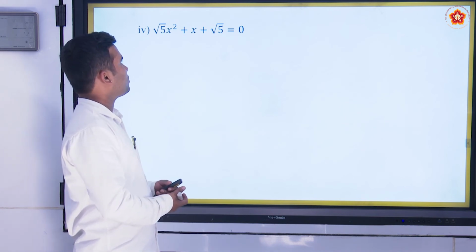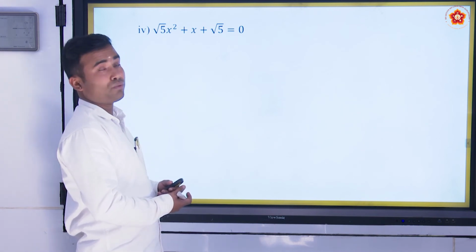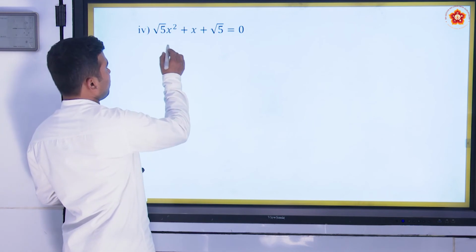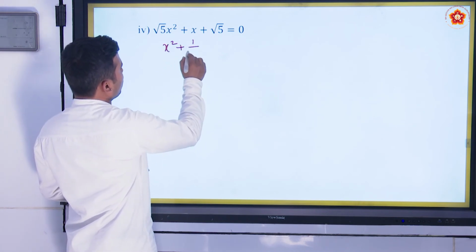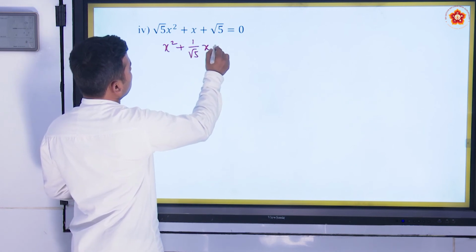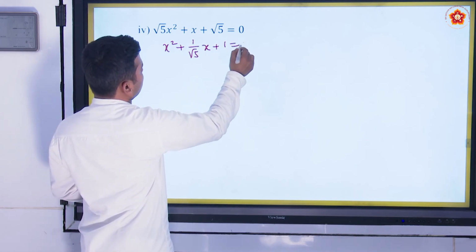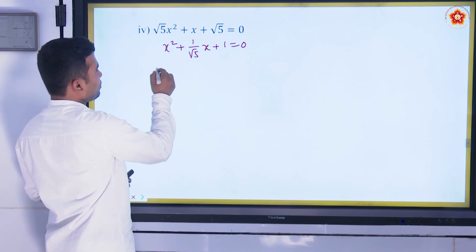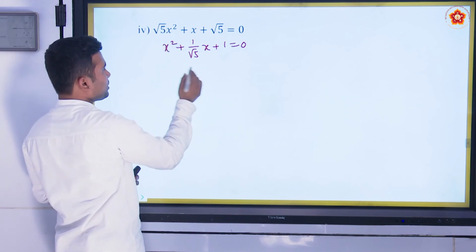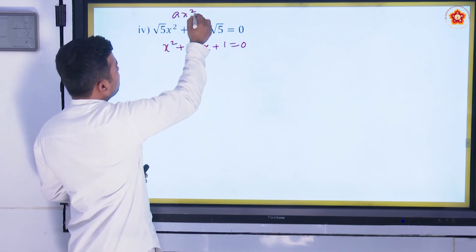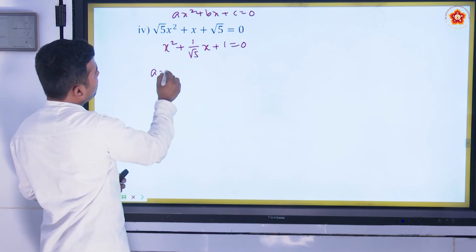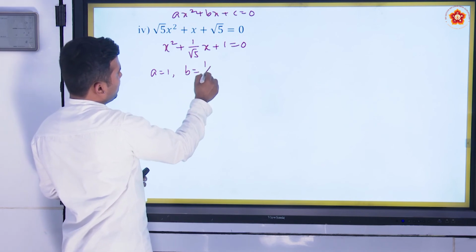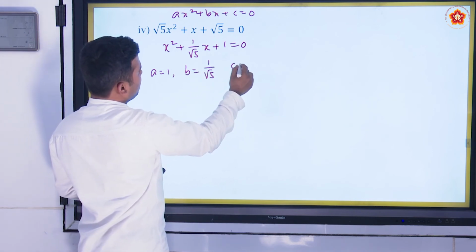One more example is root 5 x square plus x plus root 5. So, let us divide by root 5 on both sides. You will have x square plus 1 by root 5 x plus 1 is equal to 0. Okay. So, here if you compare with ax square plus bx plus c equal to 0, here a will be 1, b will be 1 by root 5 and c will be equal to 1.